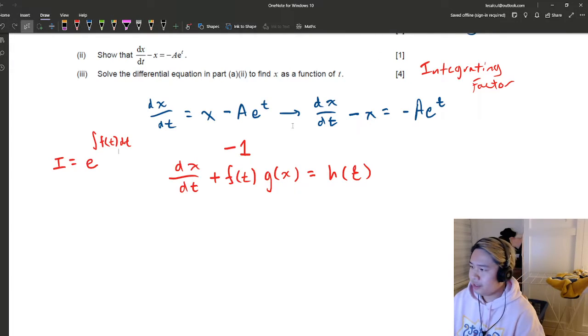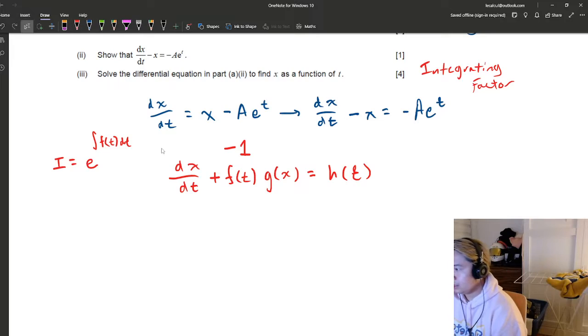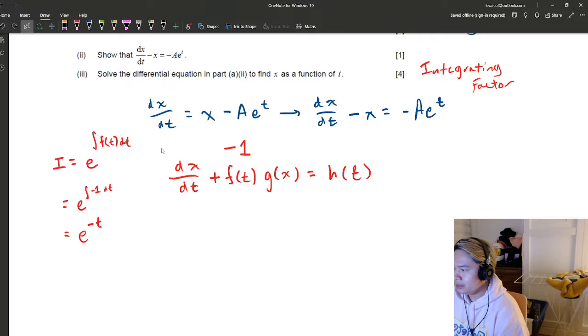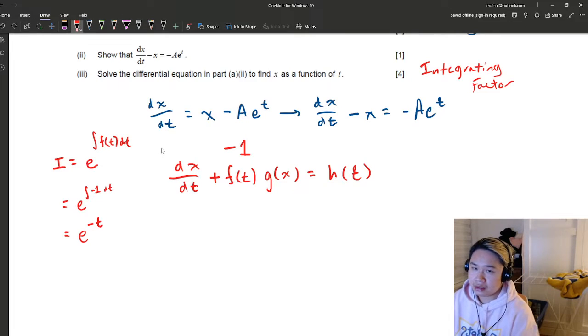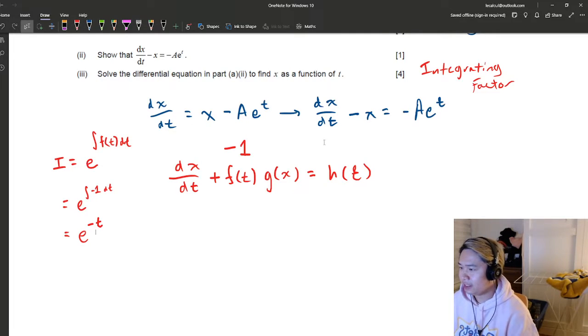I believe the integrating factor is e to the power of the integral of the function f. So in our case, this is e to the power of the integral of -1 dt, which is e to the power of -t. And we don't need to include the plus c in the integrating factor.